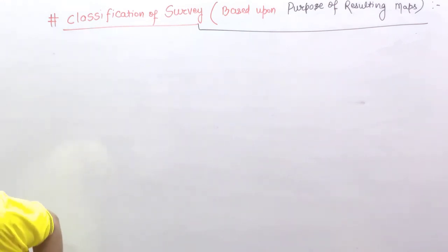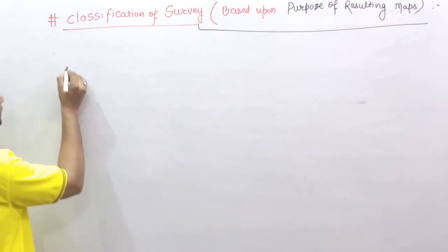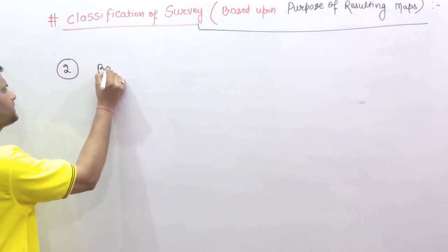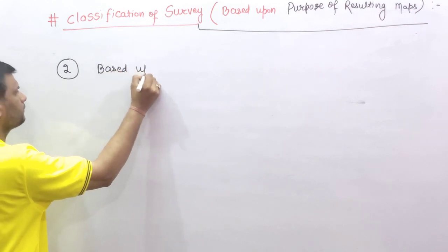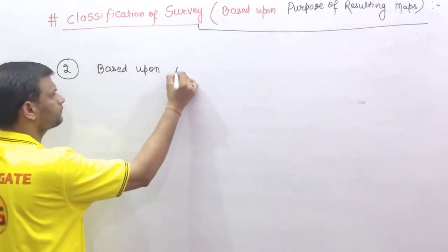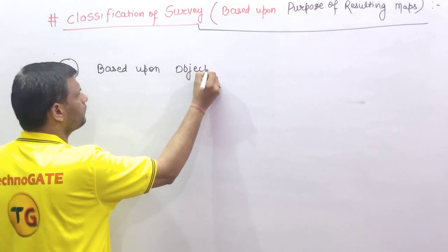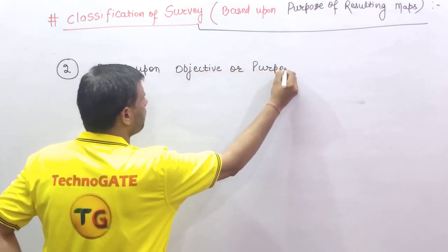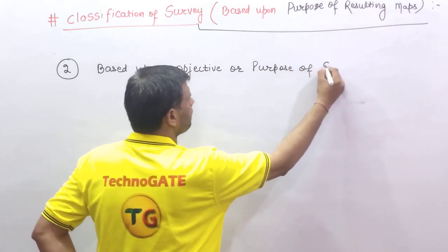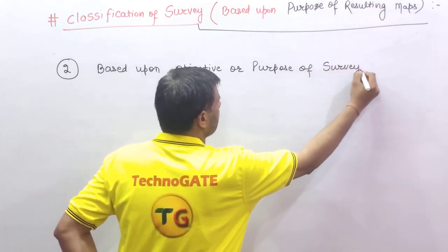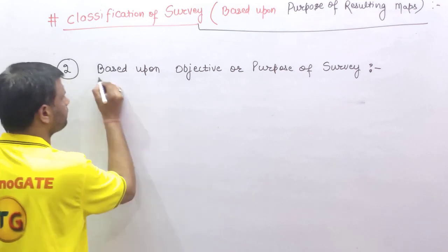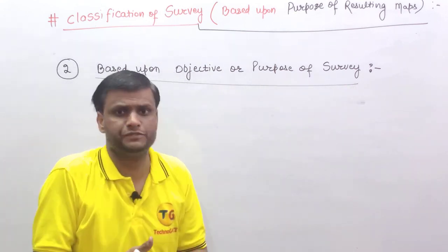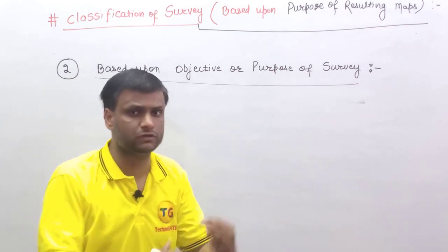So our next classification, number 2, is based upon the objective or purpose of a survey. Based upon objective or purpose means what is the main objective to perform that particular survey.